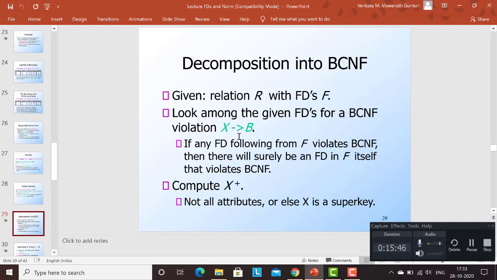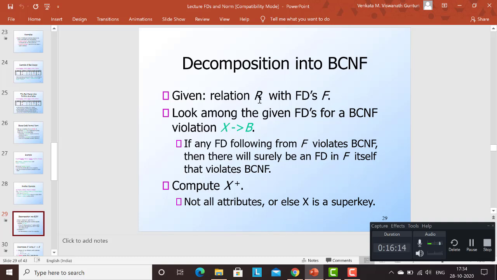Note that there can be several functional dependencies in this F which violate the BCNF property. You just catch one of them for now. So let's say that X implies B is the functional dependency which you caught, such that it violates the BCNF property. So that means the X over here is not a super key of R.